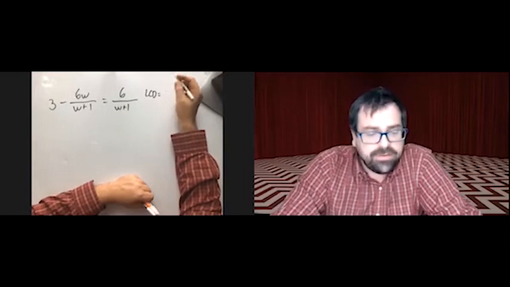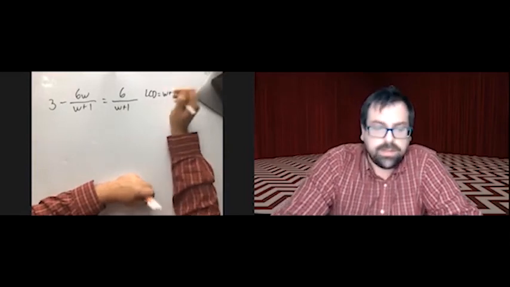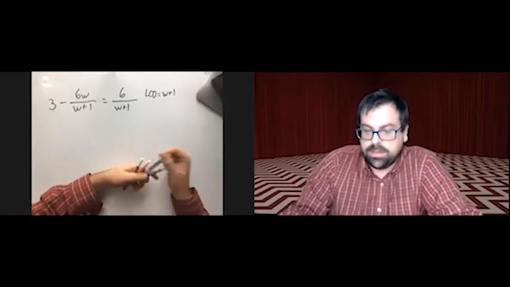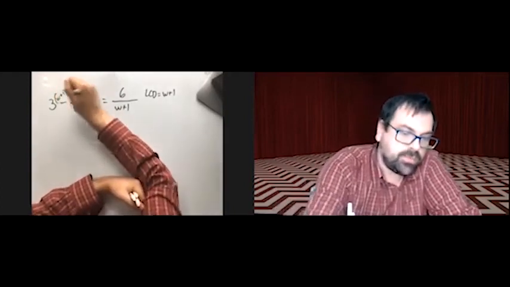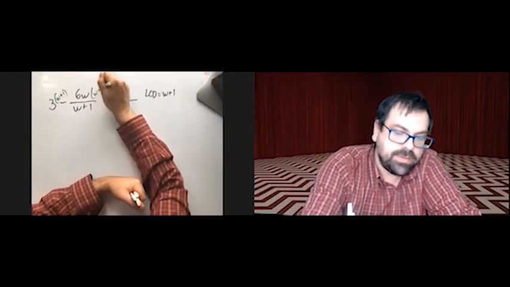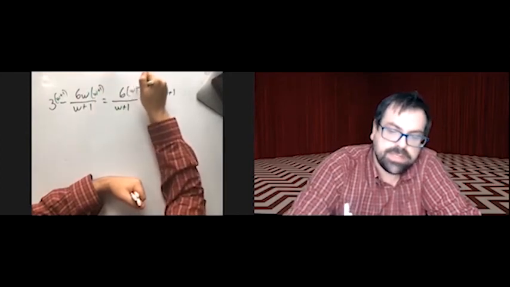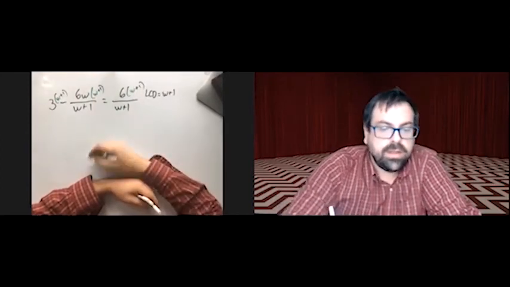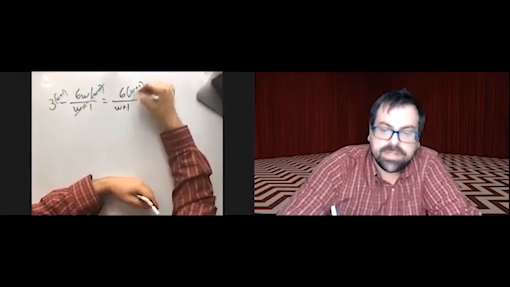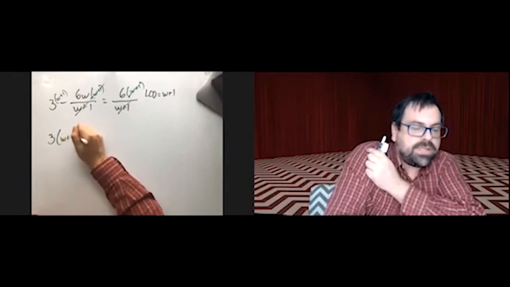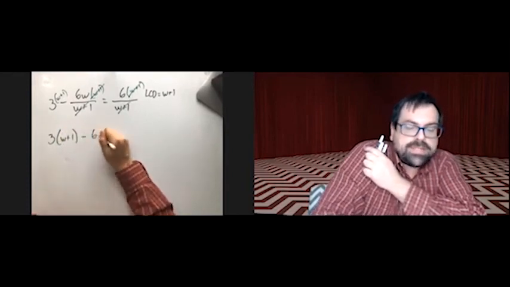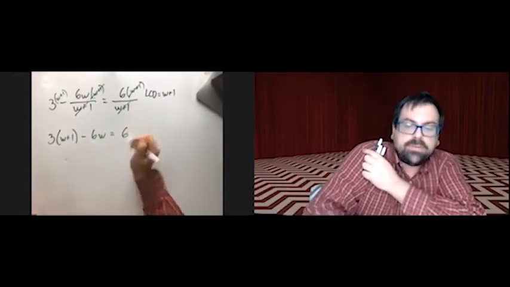The LCD of everything is w plus 1. So 3 times w plus 1, 6w times w plus 1, 6 times w plus 1. The w plus 1's cancel. We have 3 times w plus 1 minus 6w equals 6.